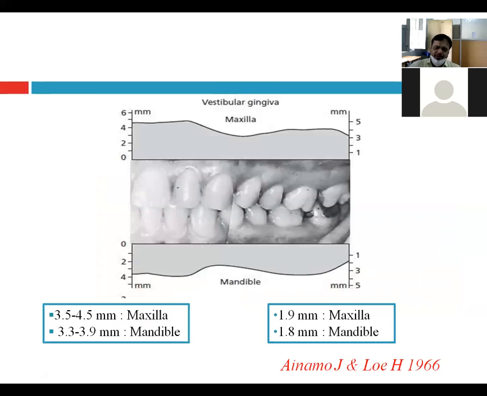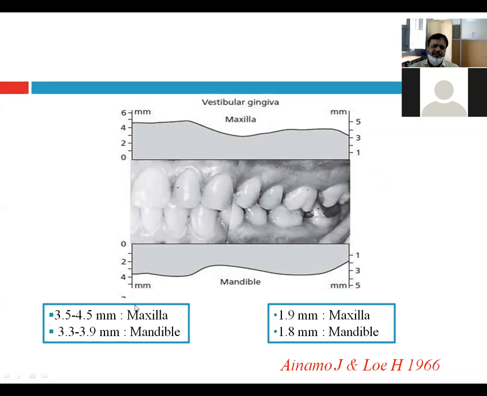Now coming to width of attached gingiva, various authors have determined it. The width of attached gingiva in the maxilla in anterior regions is 3.5 to 4.5 millimeters, whereas in mandibular anterior areas, that is central incisors and lateral incisors, it is 3.3 to 3.9 millimeters.